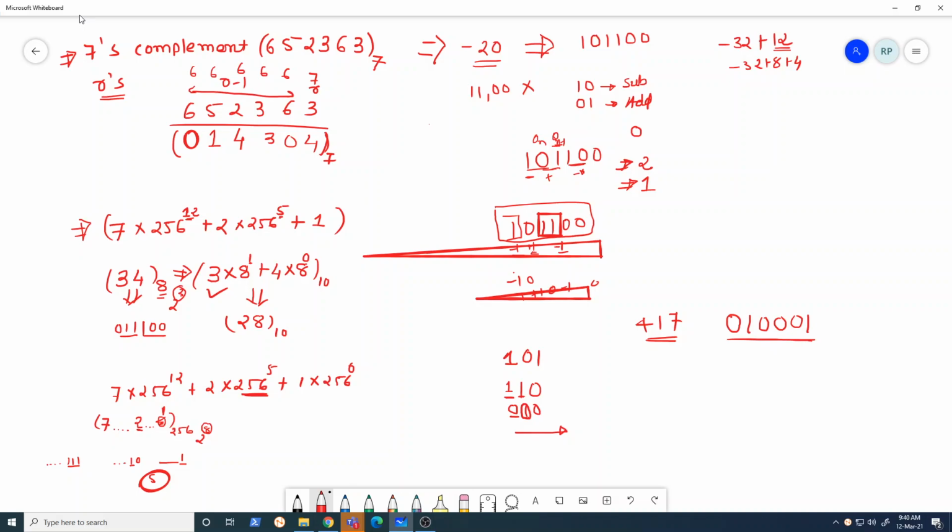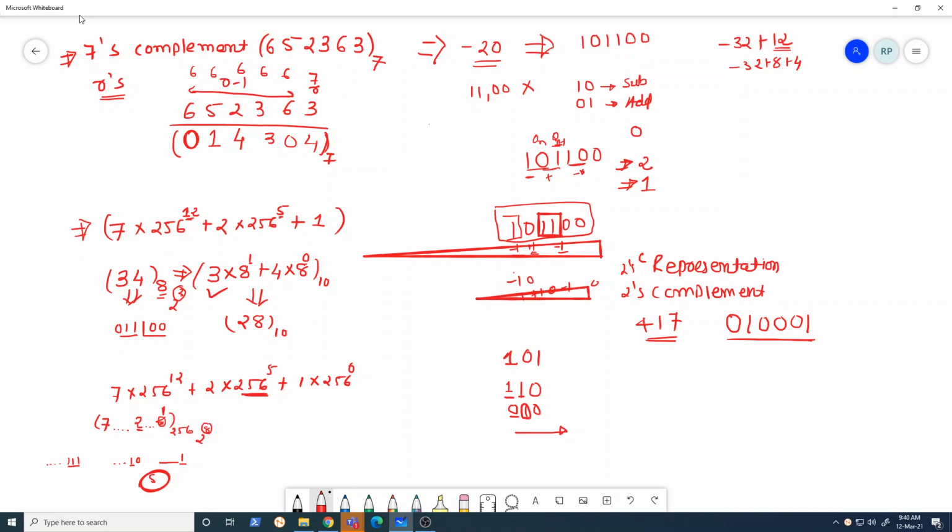All are the same. And remember, 2's complement representation is a different thing from taking 2's complement. This is 2's complement representation, and taking 2's complement of some number is a different thing.